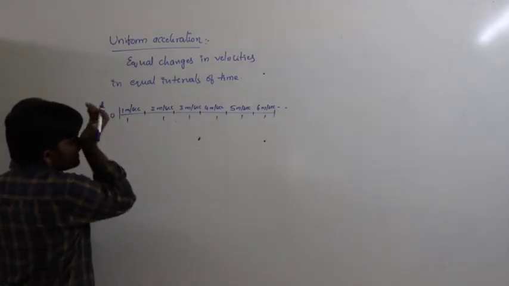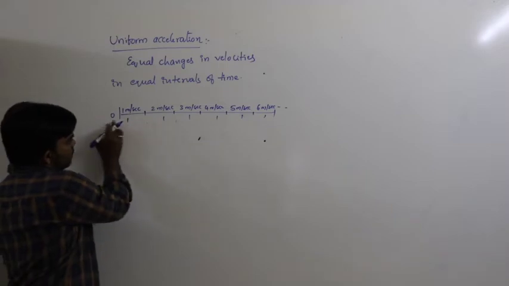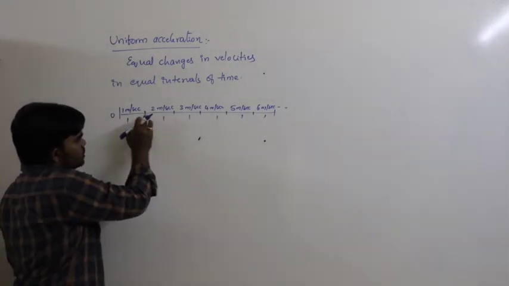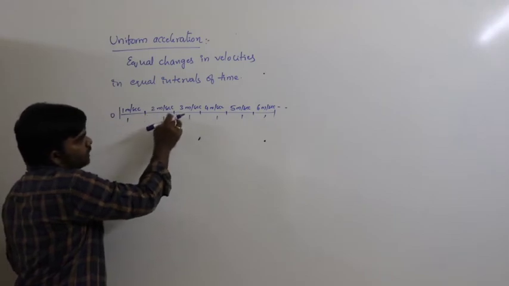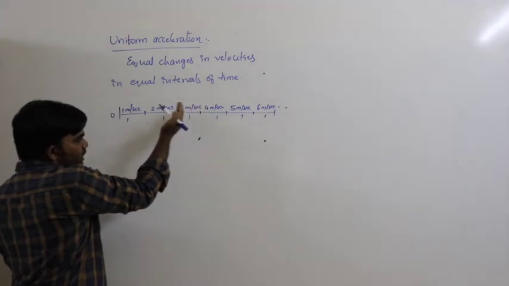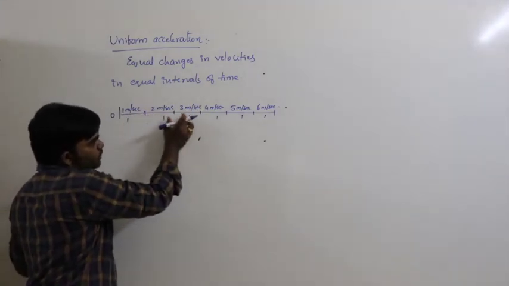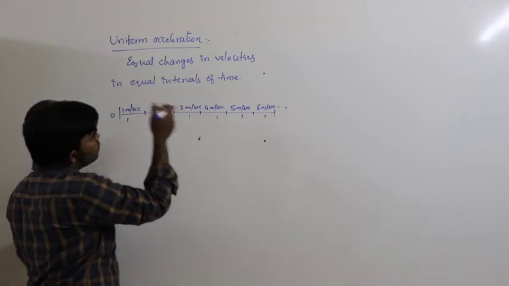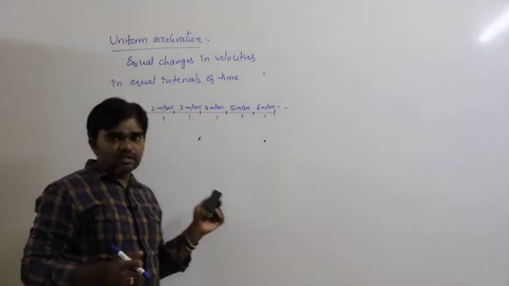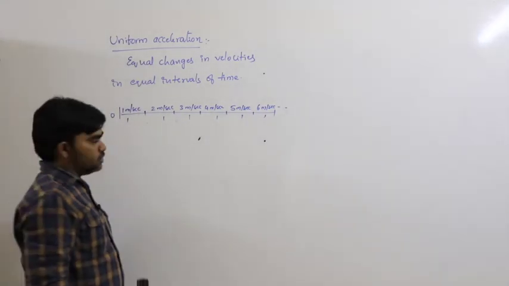So in the first second the velocity changes from 0 to 1, in the next second from 1 to 2, next second 2 to 3, next second 3 to 4. In each and every interval, the difference is 1. So equal changes in velocities in equal intervals of time, that is called uniform acceleration.